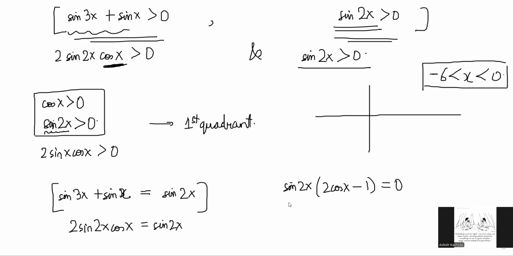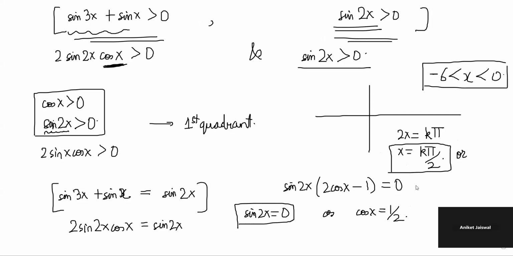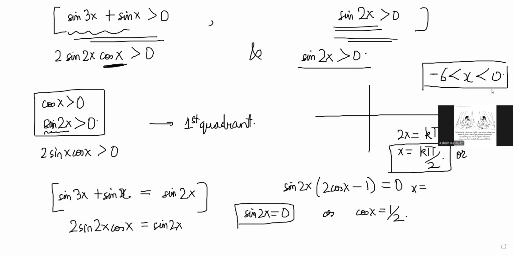So the solutions for this are sin 2x is 0 or cos x is half, right? So sin 2x is 0 will give us 2x is equal to k pi, k is any integer. So x is coming as k pi by 2, right? Or from here you're getting x is equal to 2n pi plus minus pi by 3, right?